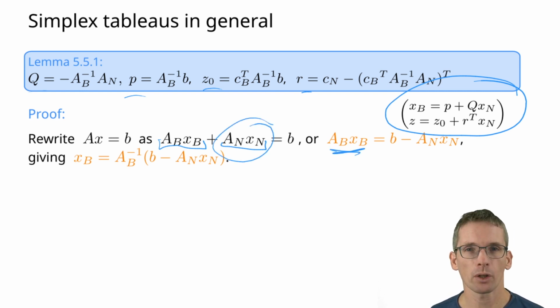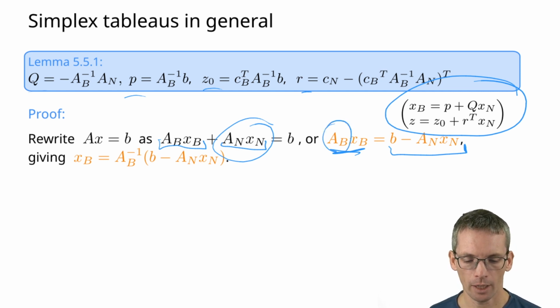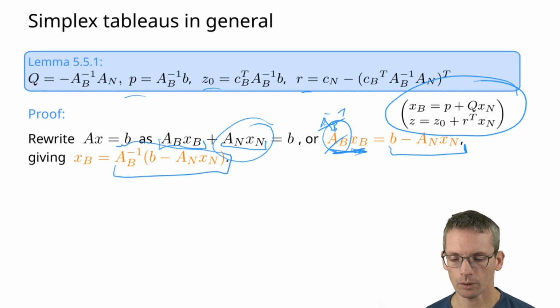So we have ABxB equals b minus ANxN. Now, if we multiply with the inverse of AB, so AB to the minus 1, that goes away, I keep xB, and on the other side I have this expression.